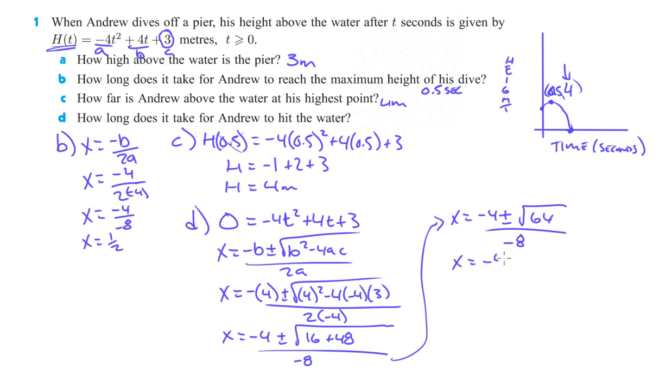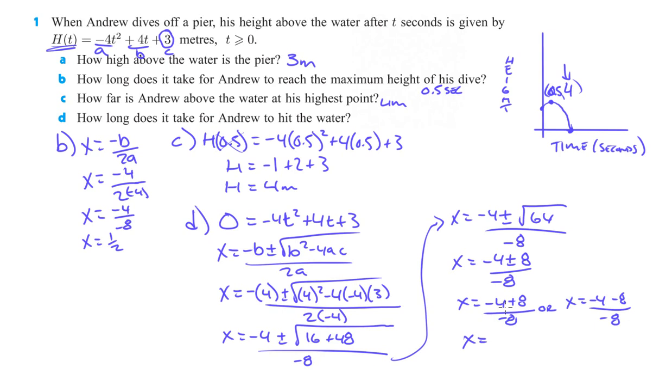The square root of 64 is 8. So we get x equals negative 4 plus 8 over negative 8, or x equals negative 4 minus 8 over negative 8.